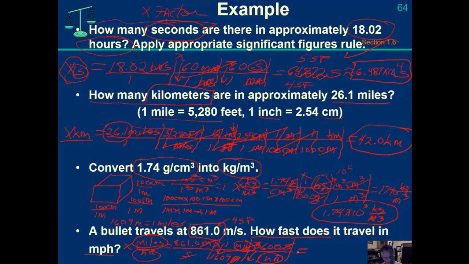And to 4 significant figures, that gives us 1,926 miles per hour. And now you could do mph. So 1,926. That's how fast a bullet that's moving at 861.0 meters per second is going.